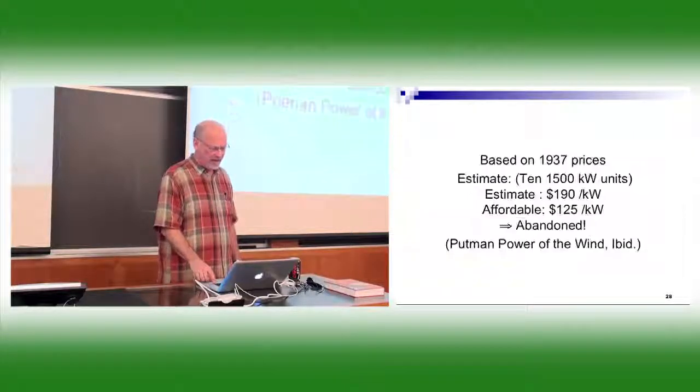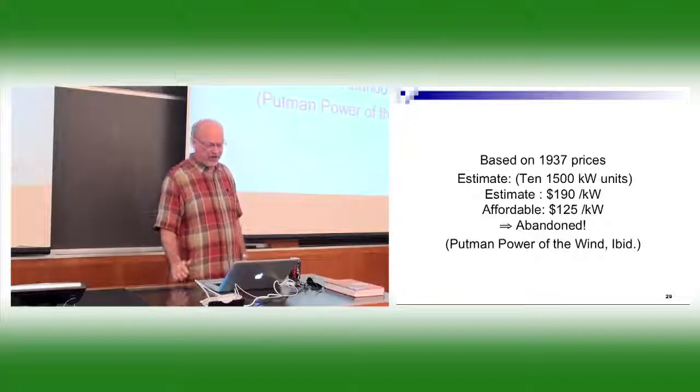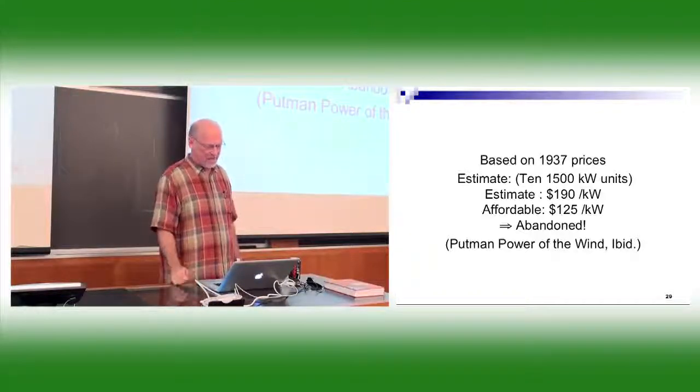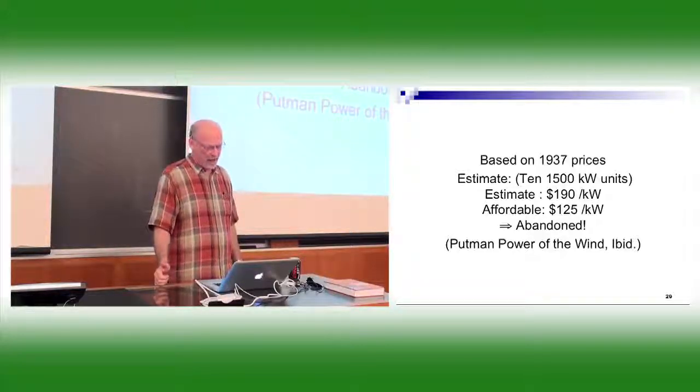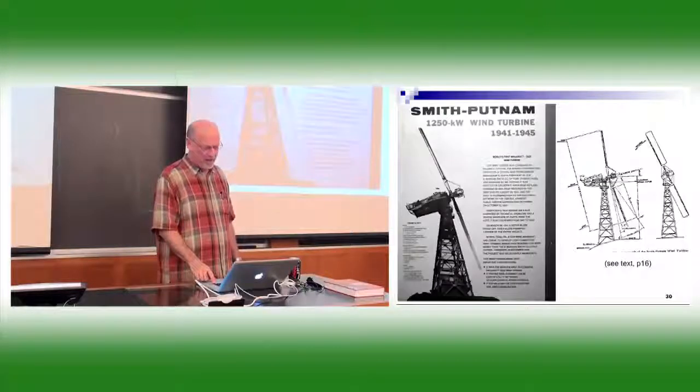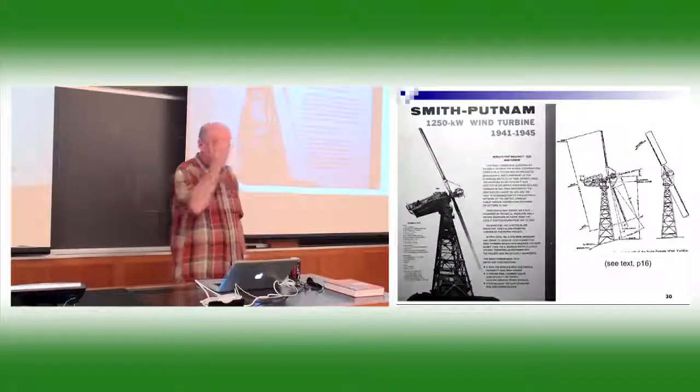Based on 1937 prices, people estimated that building 10 1.5 megawatt units would cost about $190 per kilowatt at that time. Other energy was $125 per kilowatt, and so they abandoned it. This is a picture of that machine. It's just an incredible wind power machine.